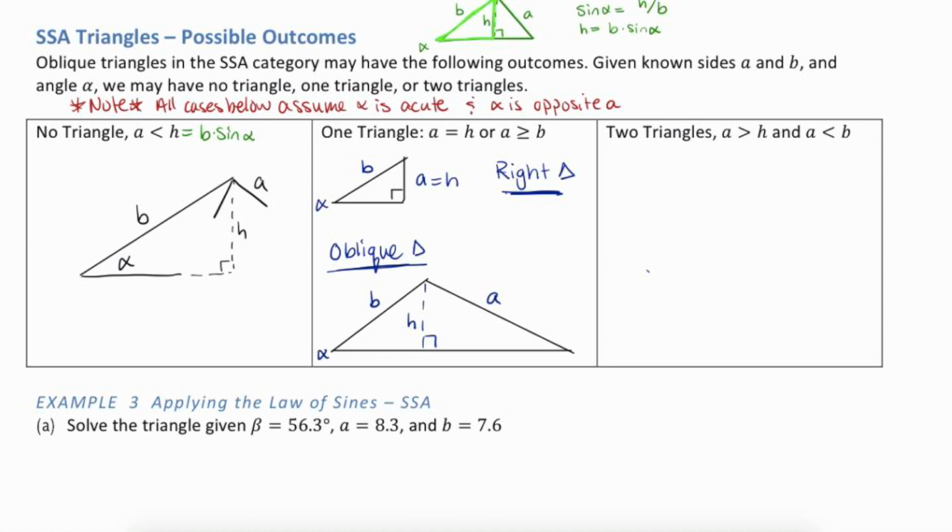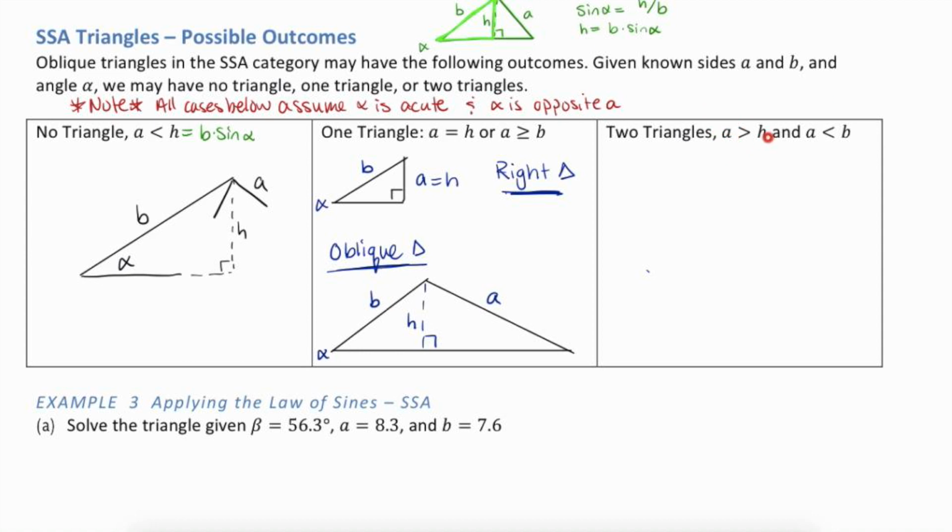Finally, we have the two triangle case. So here we figured out what H is. We figured out that A is larger than H. And of course, when I say H, I mean the angle associated with the side. So since A and alpha are opposite each other, that means alpha and A are associated, so A is the side that I'm really interested in.